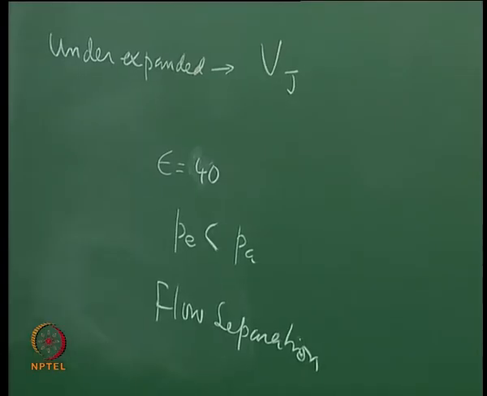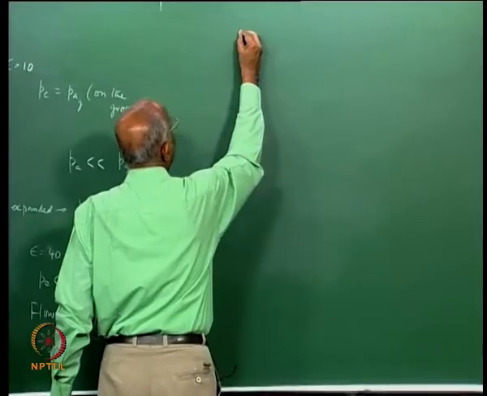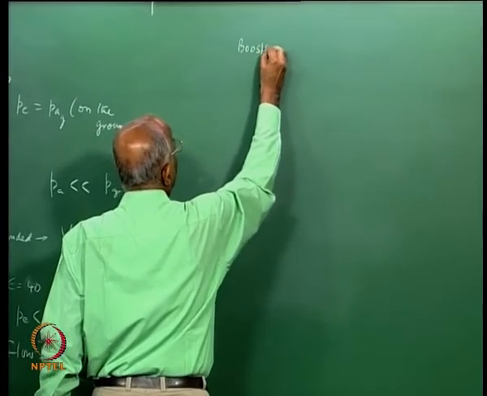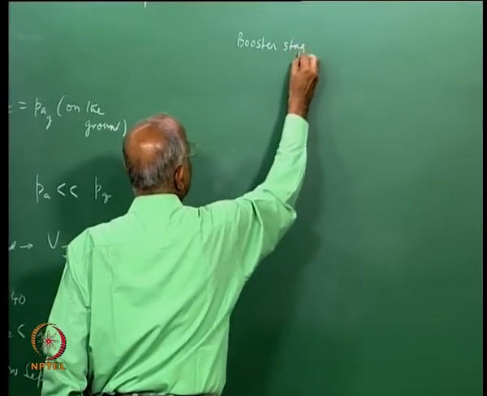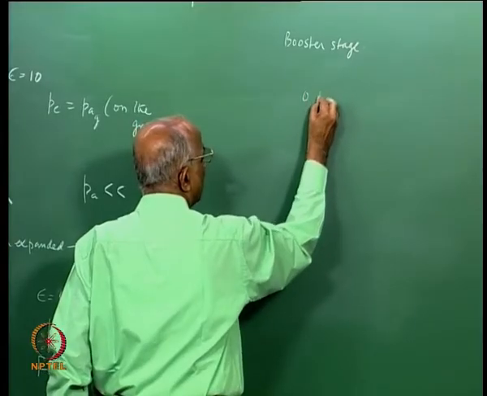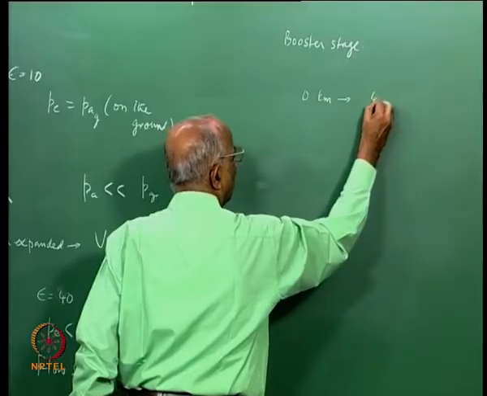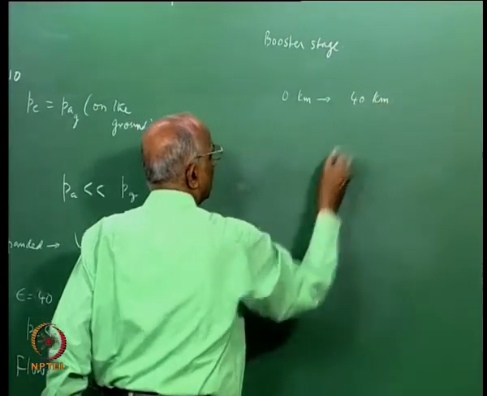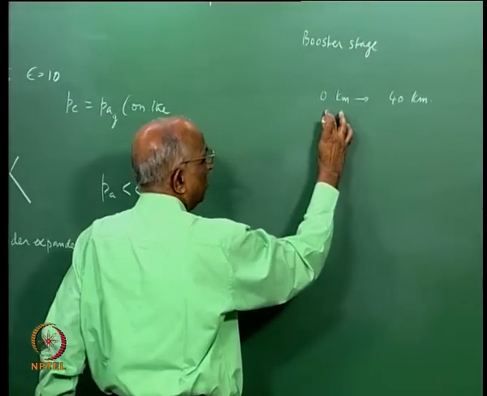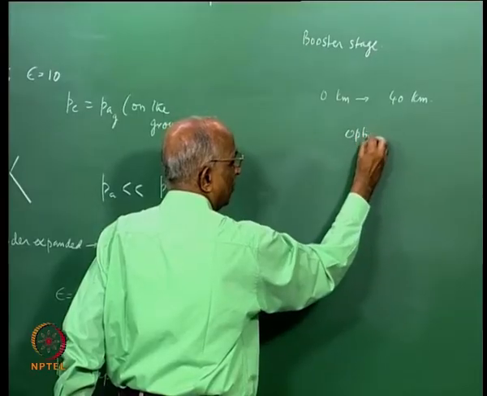Therefore, there are some problems in nozzles, and therefore, let us tell ourselves, supposing I have, let us say, a booster stage of a rocket, and we define booster stage as a ground stage which has to fly, let us say, between 0 kilometers to something like up to 40 kilometers or so. Then I cannot have a nozzle which will be perfect or optimum for all these conditions.